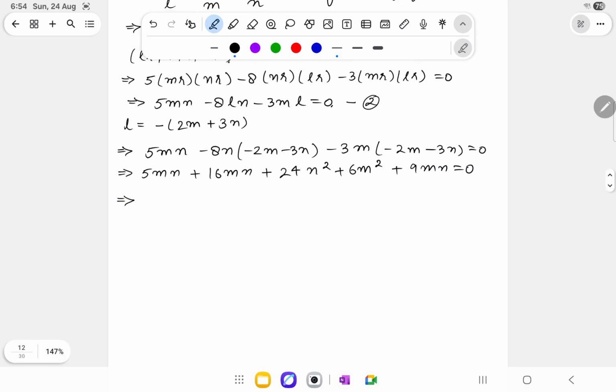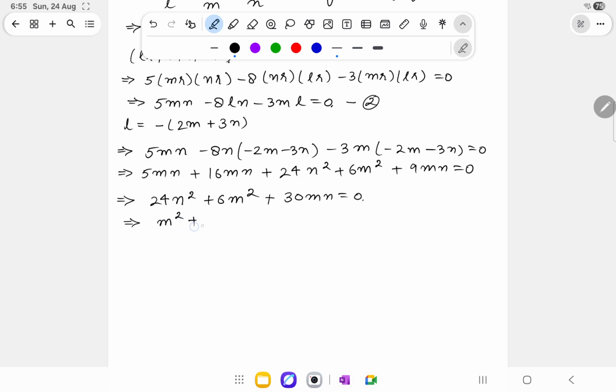On further simplifying, I'll get 24n square plus 6m square plus 16 plus 9, 25 plus 5, 30mn equals 0. I can divide throughout by 6.